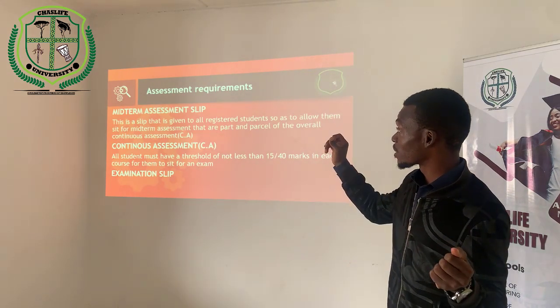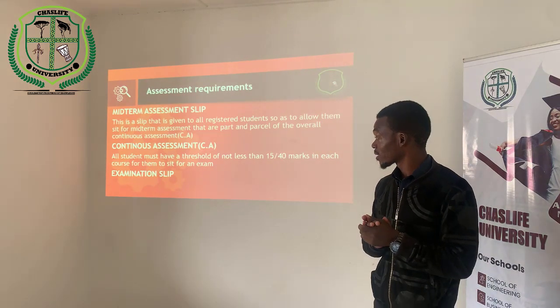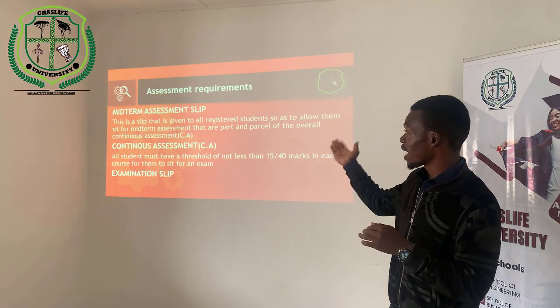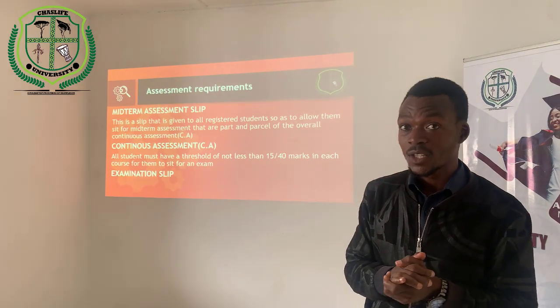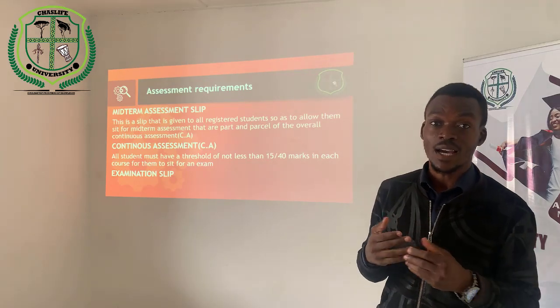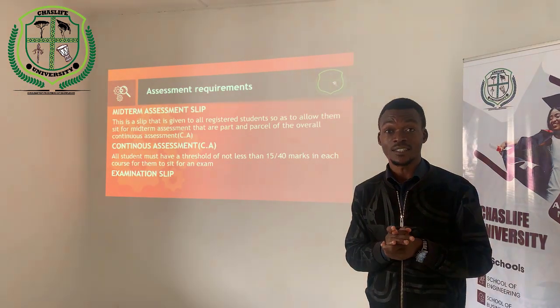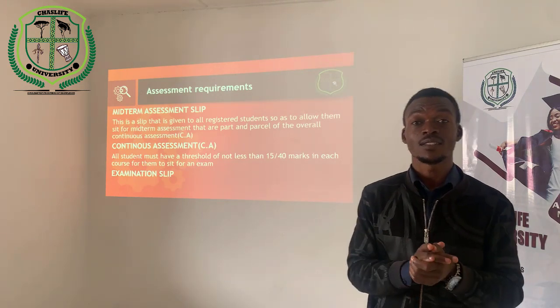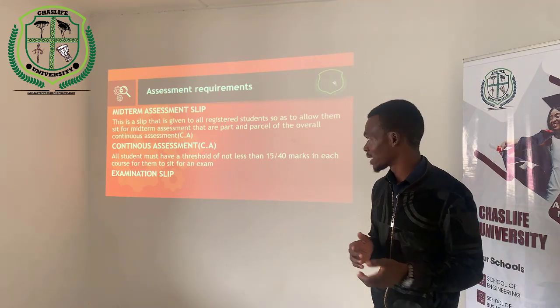So we're looking at the midterm assessment slip. This is basically a slip, or a document, that is given to all registered students so that they can be allowed to sit for midterm assessments, or in some institutions they call them continuous assessments or CATs.